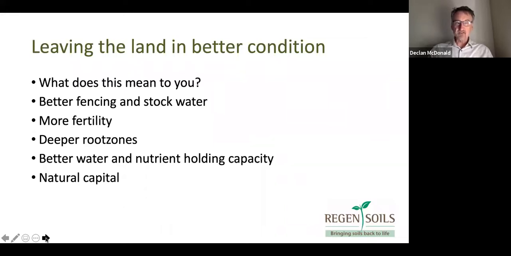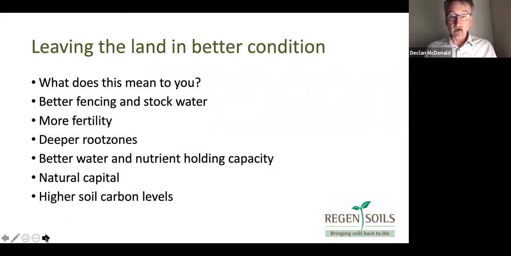There's a lot of interest at the moment in natural capital, and commercial banks are looking to natural capital to determine your creditworthiness. And there are methods being developed, and I've developed two, for accounting for nature, which is really about monitoring natural capital. And what is natural capital? Well, fundamentally, it's higher soil carbon levels.